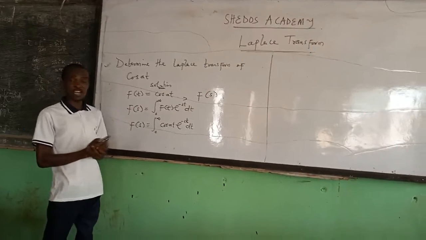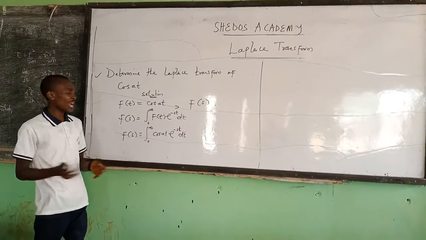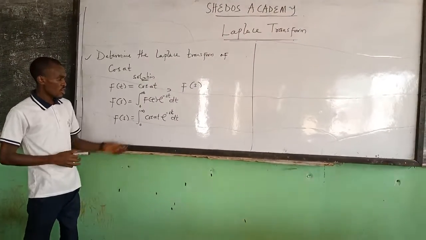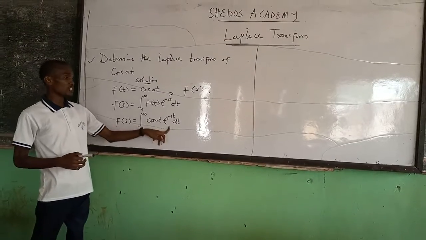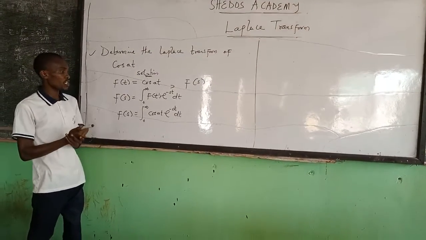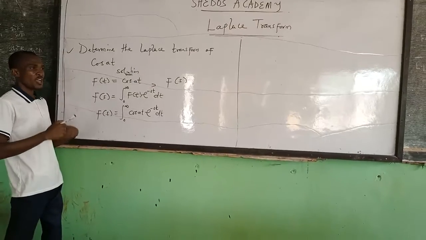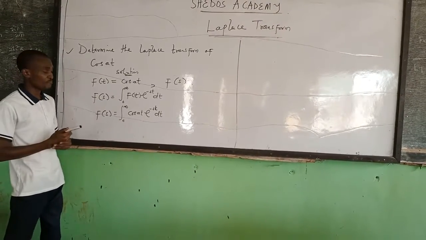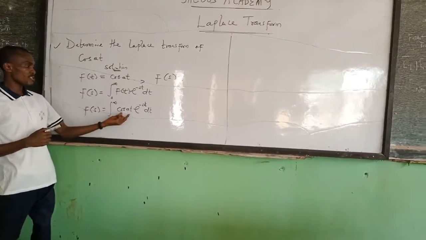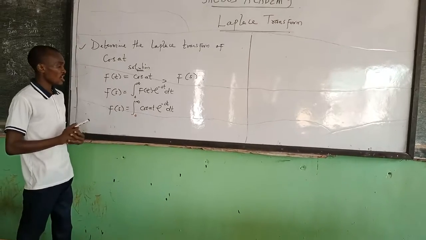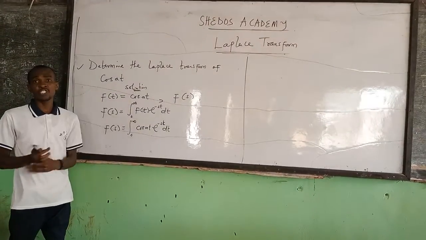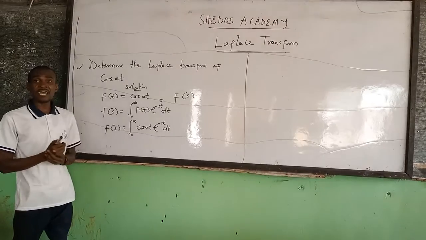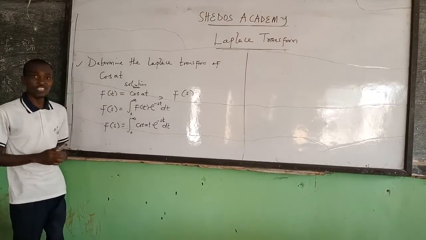So what do we have here? We have an integral of a trig function cos at and an exponential function exponential minus st. One of the quickest and easiest approaches is to rewrite this trig function in an exponential way, so that everything will just be an exponential integral.